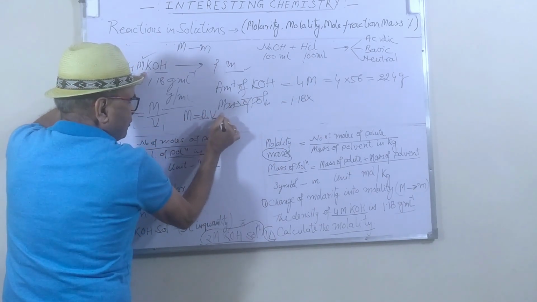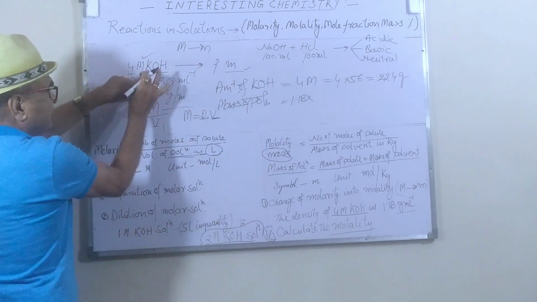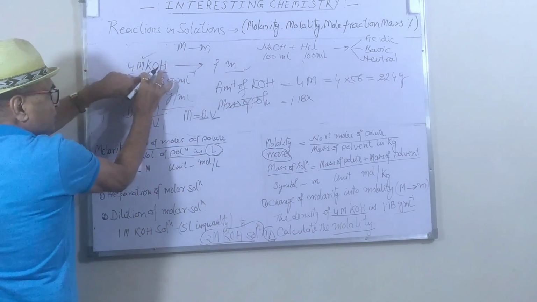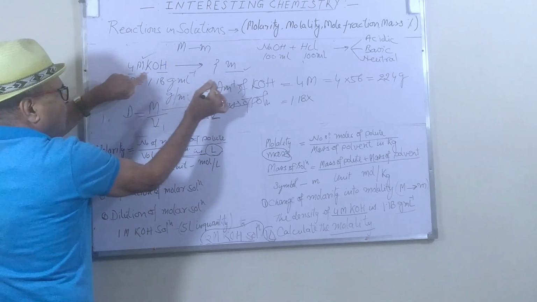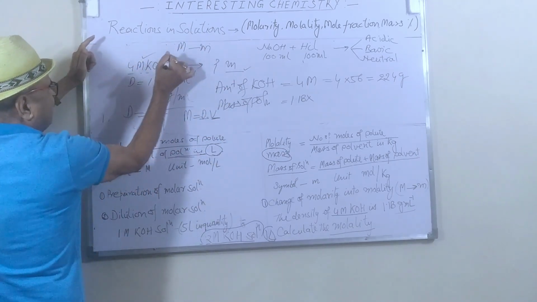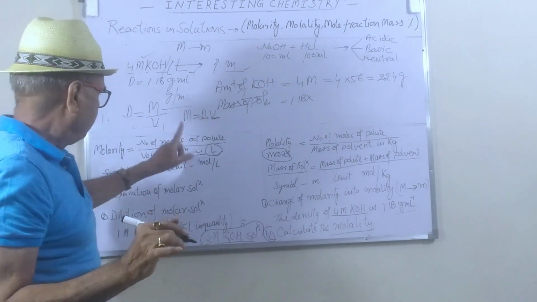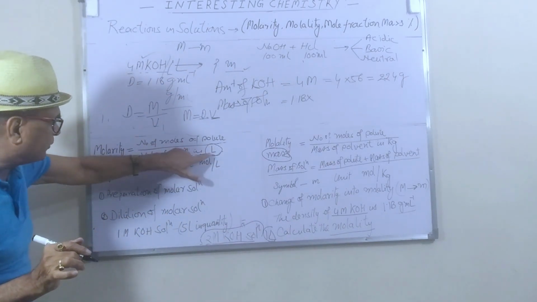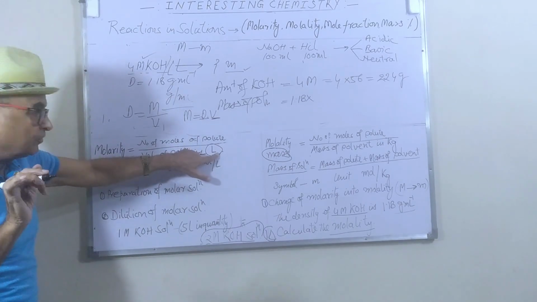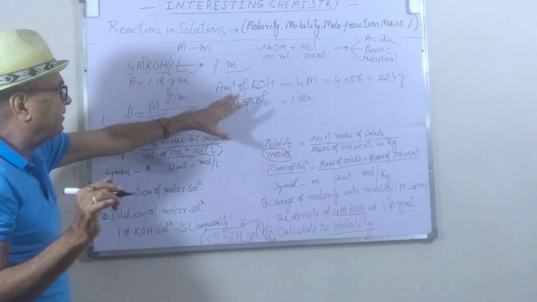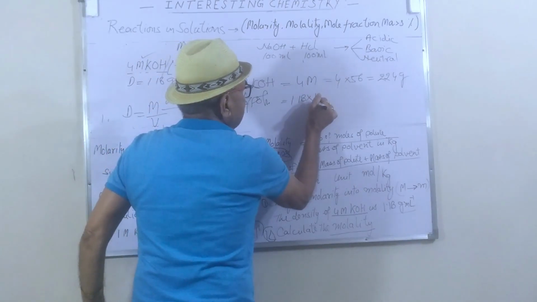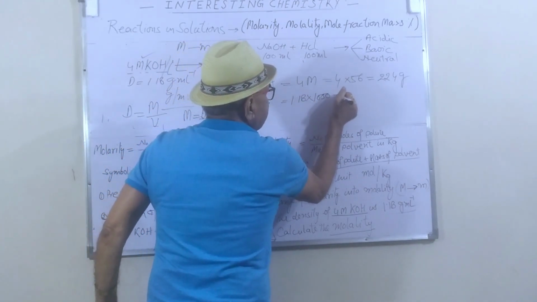And what is the volume of this solution? This 4 M KOH is dissolved in 1 liter, because the volume of the solution is 1 liter. So the volume is 1000 milliliter.